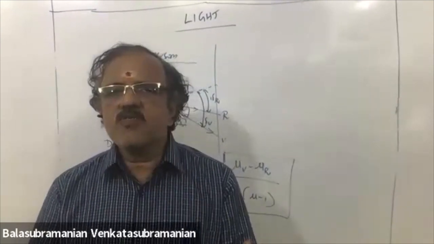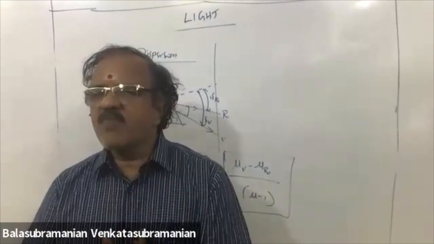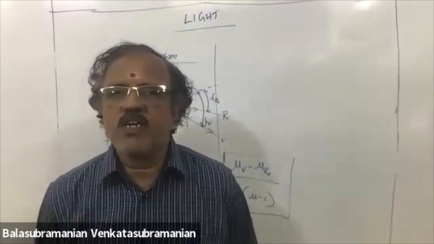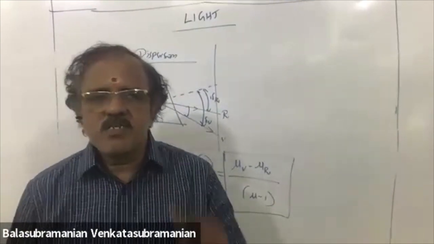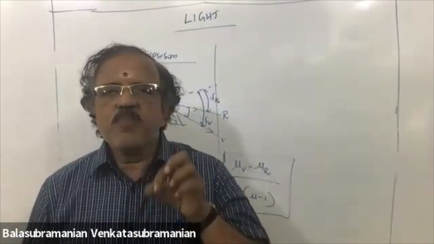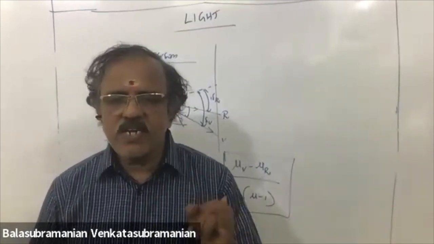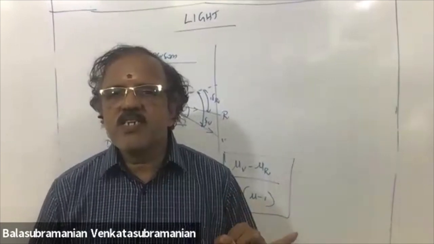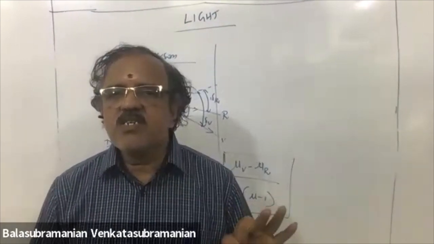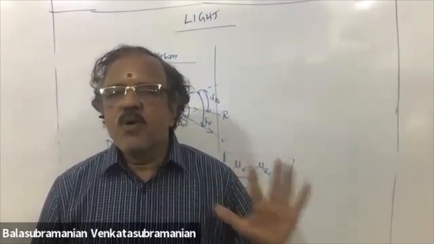Four different theories, which will we use, sir? Wave theory only throughout we are going to use, because wave theory proves all the basic concepts of light: reflection, refraction, interference, diffraction, polarization.